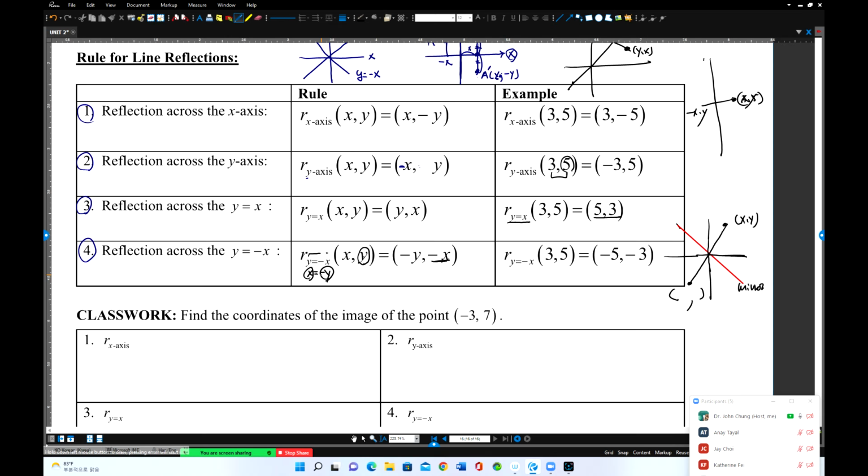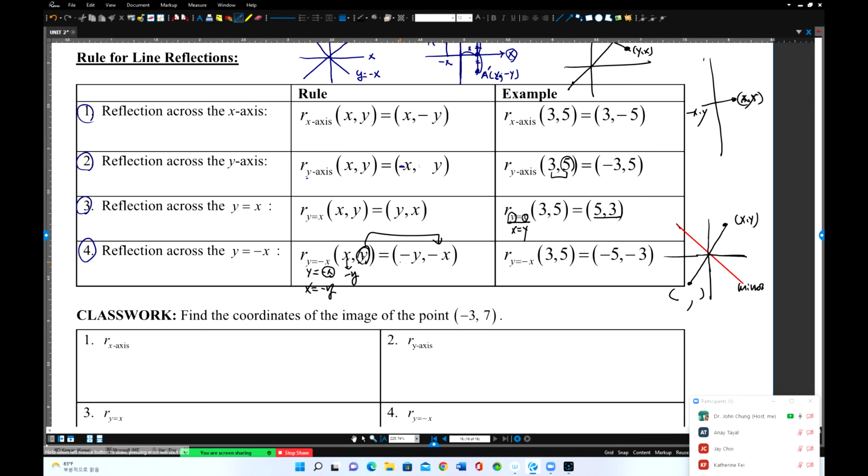Is it okay? Y changes to x, x changes to y, that's the meaning, right? That's the switch. They switch, but both numbers are still negative, because y is replaced with the negative x, and x is also negative y.